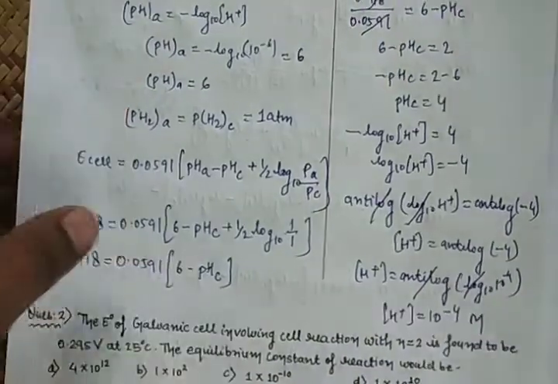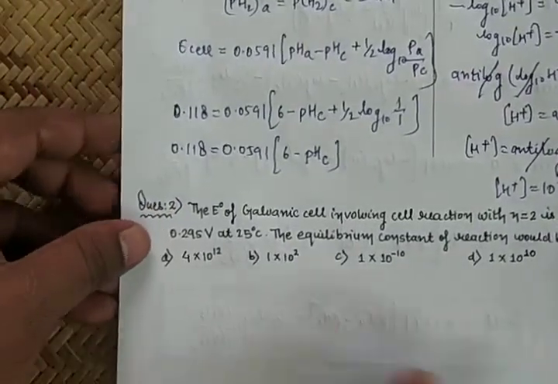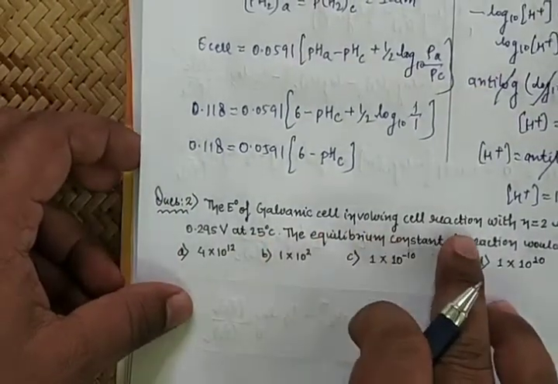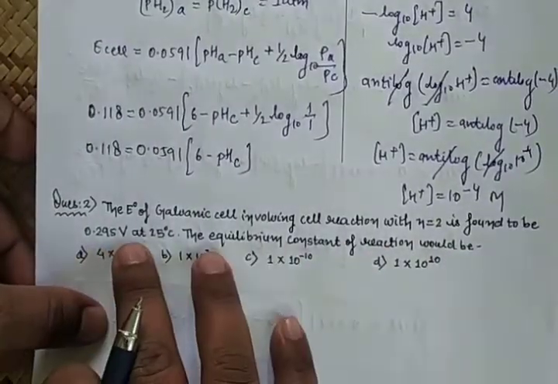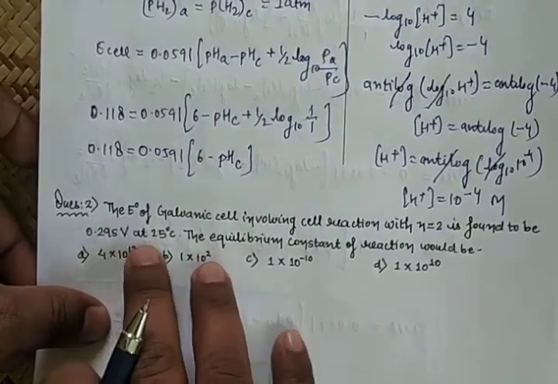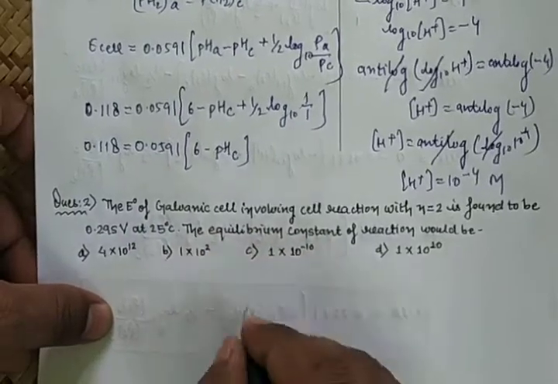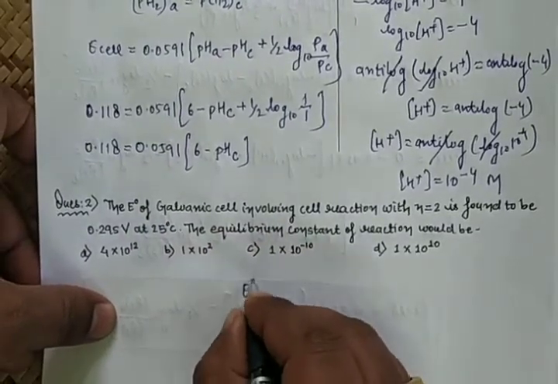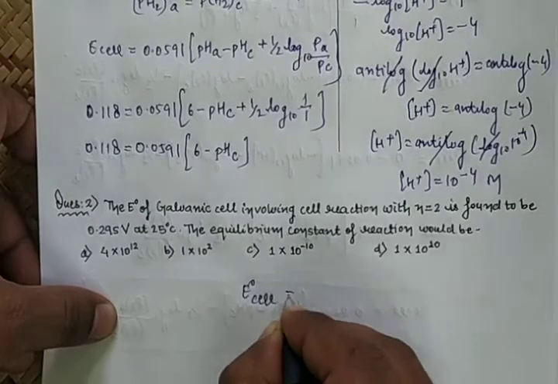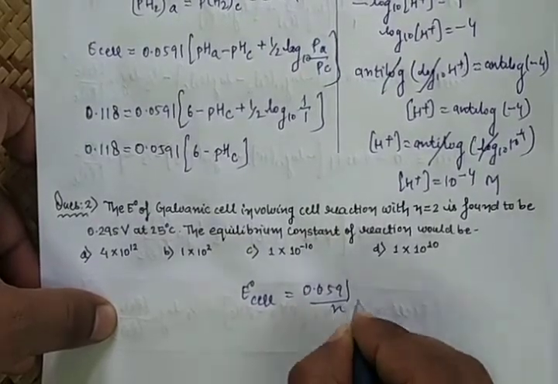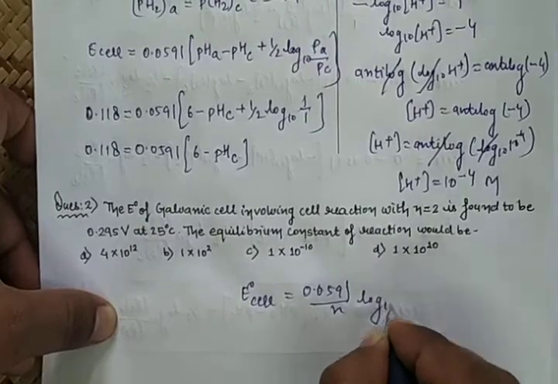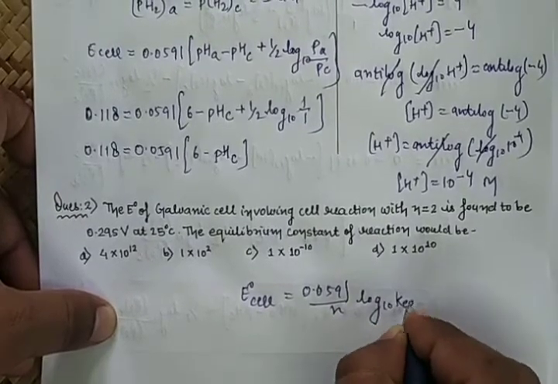Now the next question is: the E naught cell of a galvanic cell reaction, where n is given, is found to be 0.295, so E naught cell is given. Find the equilibrium constant. You know the formula of equilibrium: E naught cell is equal to 0.0591 upon n times log base 10 of Keq or Kc.